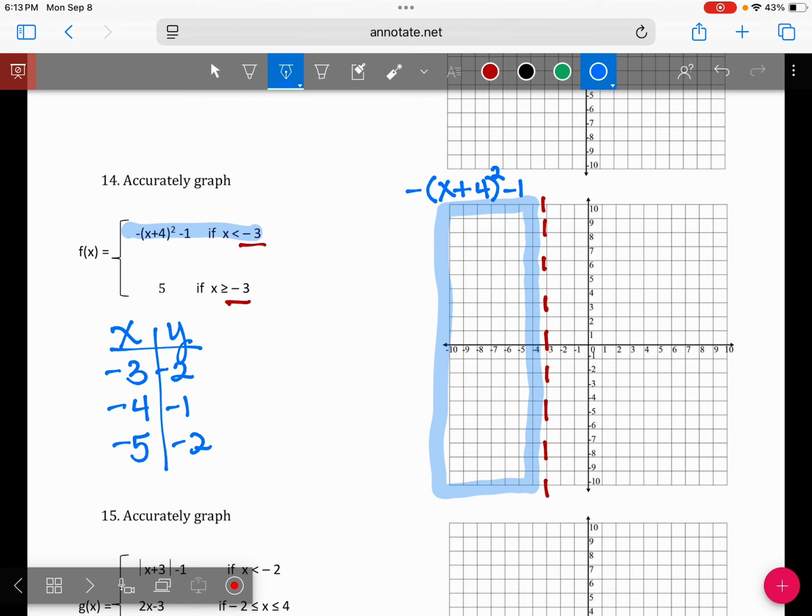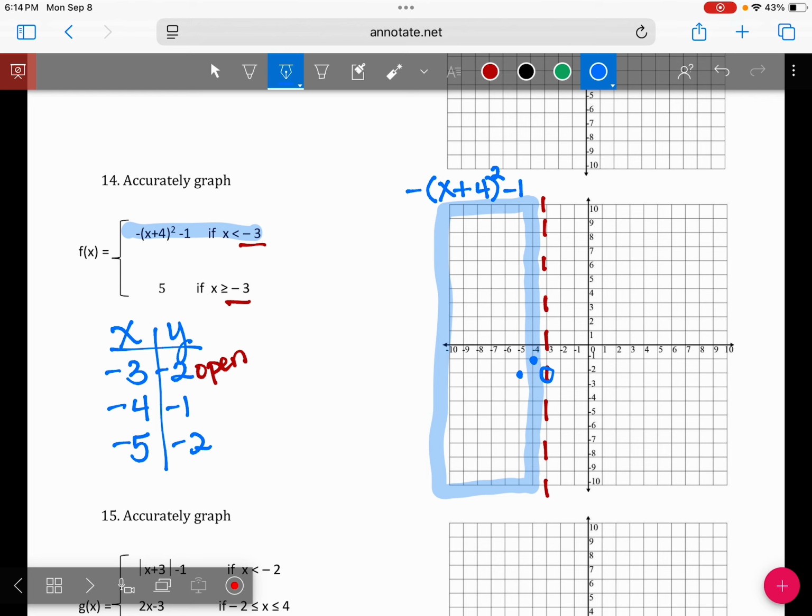Okay, this first one, notice it's not equal. So that tells me that this very first point, which is on the fence, is going to be open. So I'm going to put an open circle: -3 down 2, open circle, -4 down 1, -5 down 2.